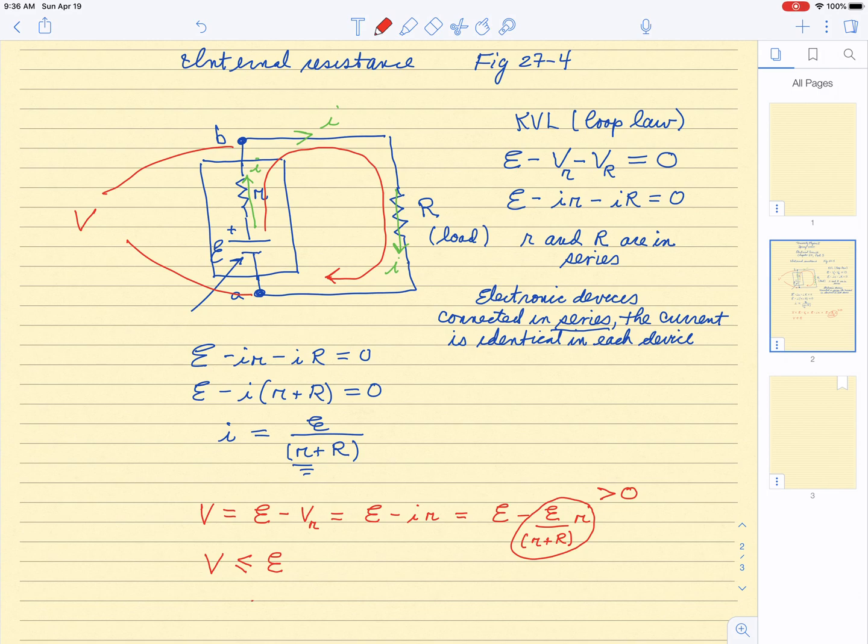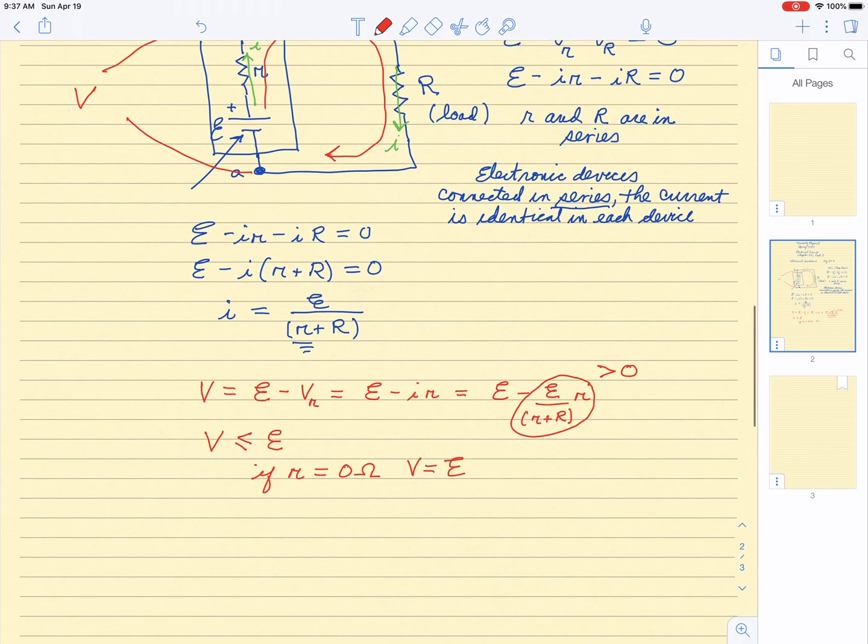So if the internal resistance were equal to 0 ohms, then V is going to be equal to script E, the EMF.